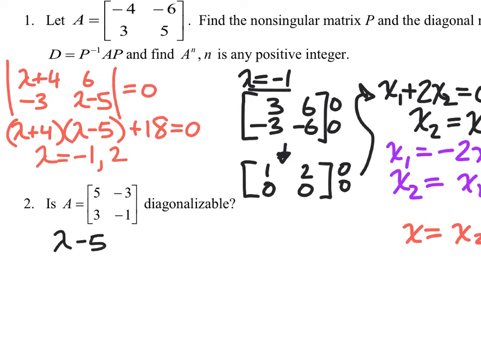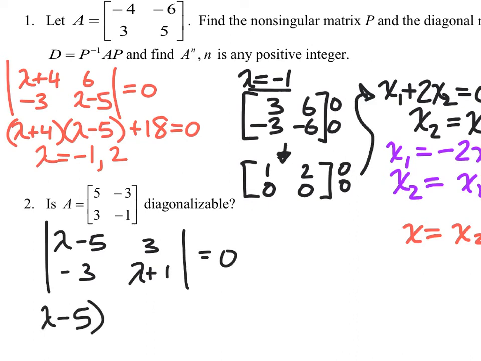So lambda minus 5, 3, negative 3, lambda plus 1. Characteristic equation, lambda minus 5, lambda plus 1, minus a negative 9, so plus 9. Again, just to save yourself from having to bother with this, you just put it in your calculator.